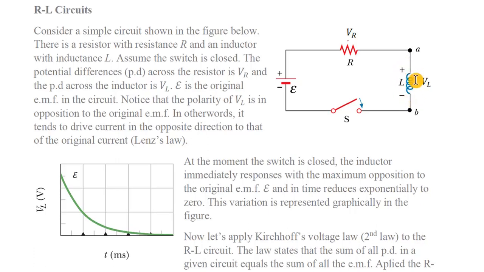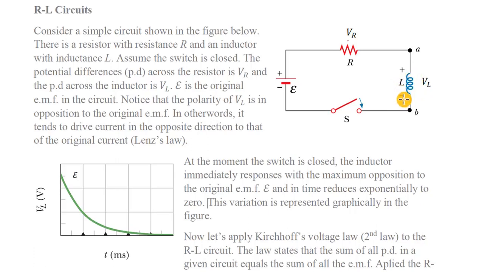So the inductor is always happy with the value of current flowing through it so long as it is stable. If it is 0, it will want it to remain 0. If it is a certain value like 3 amps, it will want it to remain 3 amps. It doesn't like current changing from value to value. Immediately it does so, it will try to resist it.